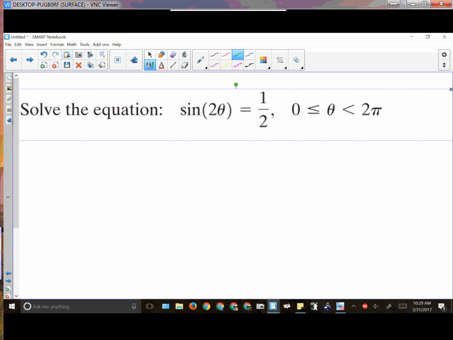I want to know where the sine of 2 theta is equal to a half. Whoa. That's not cool, is it? We're only accustomed to thinking of what is the sine of theta equal to 1/2. Well, my question is, where is the sine of theta equal at 1/2?